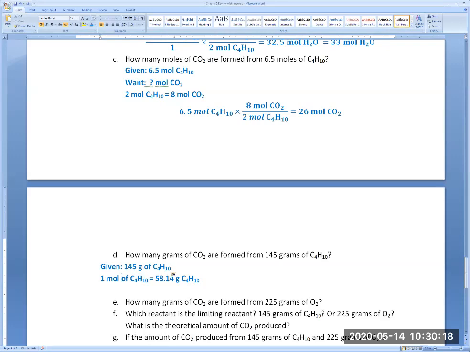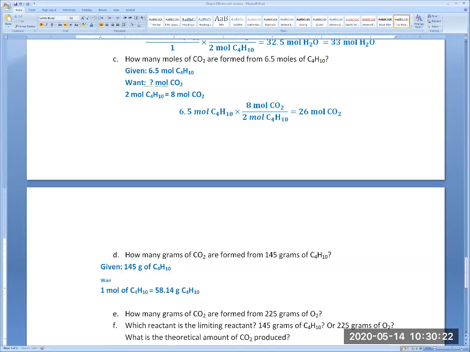Because this is the given and it's asking for grams, so question mark grams of CO2, right? Grams of CO2 that are made from those grams of C4H10, which I think is butane, would be easier to say than C4H10.